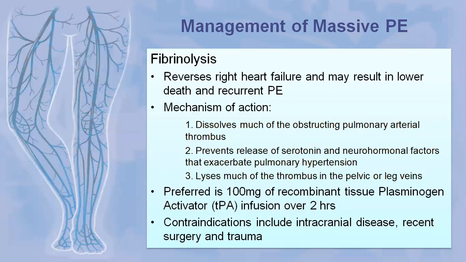The preferred regimen is 100 milligrams of recombinant tissue plasminogen activator, given as an infusion over 2 hours. The contraindications for fibrinolysis are if the patient has intracranial disease, a recent surgery, or trauma.